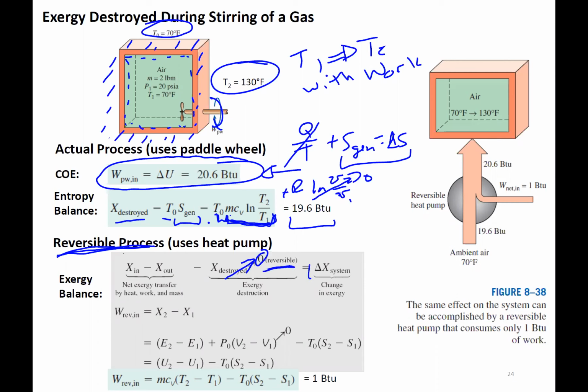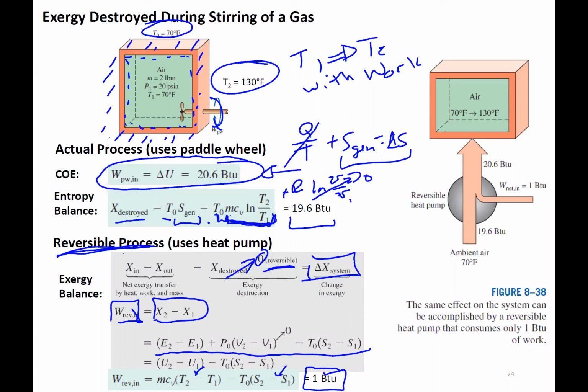We have the change in exergy of our system. We're only putting in work, but now we're doing it reversibly because X destroyed is 0. So we have the change in exergy of our closed system. Plug in what the change in exergy is, simplify for delta U and delta S, and we get 1 BTU.